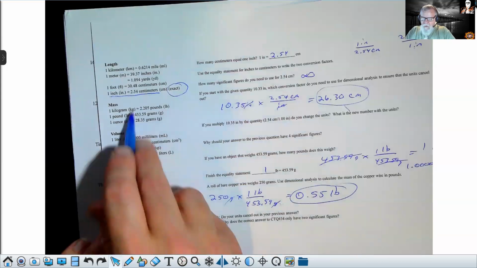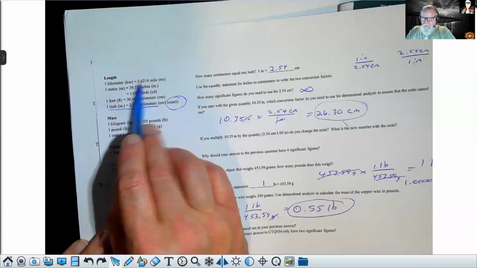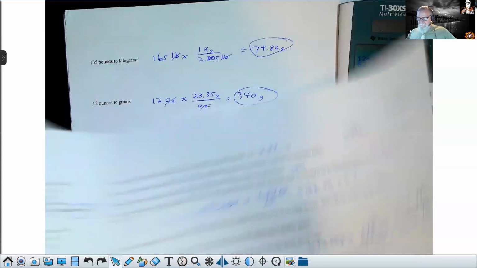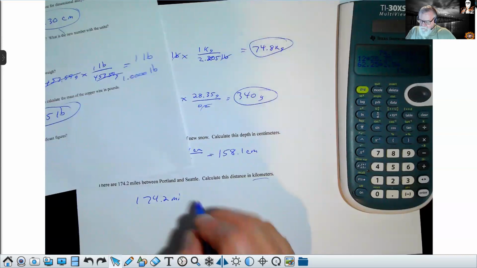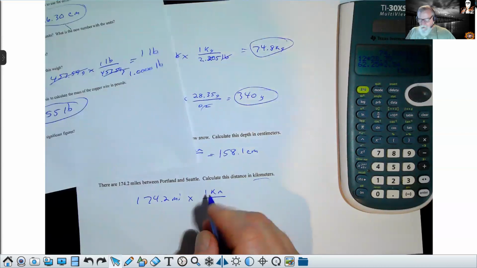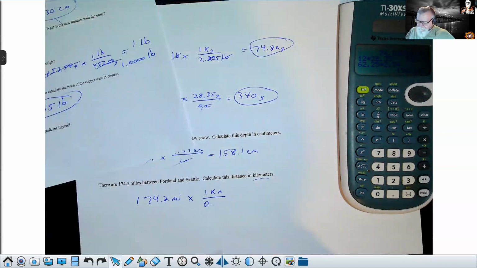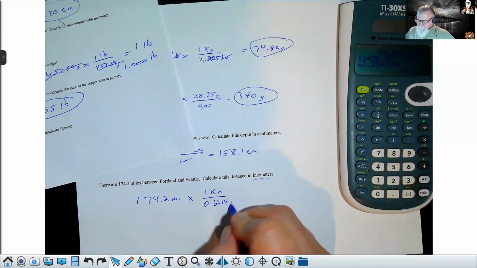So 1 kilometer is equal to 0.6214 miles. Okay. So we're going to put the kilometers on top. So times 1 kilometer over 0.6214 miles.